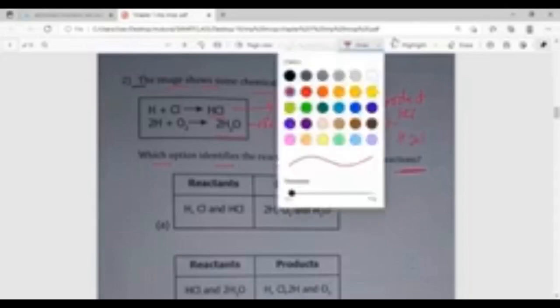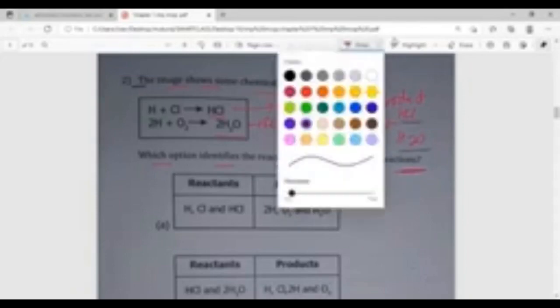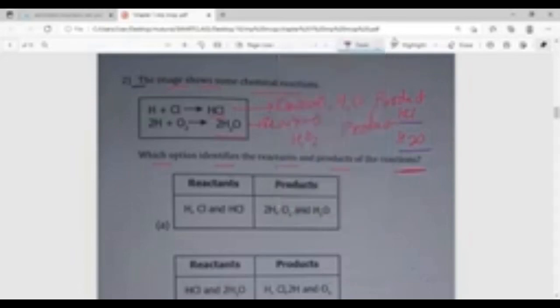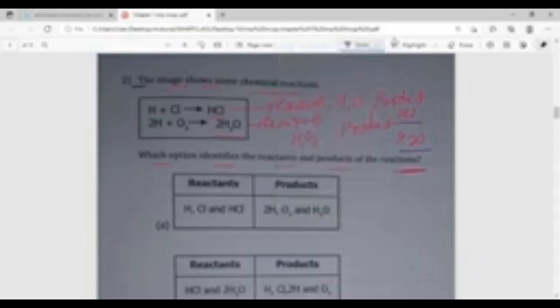Let me underline the products with some different color and the reactants with some different color, my dear students. You can see here the reactants have been underlined with a different color and the products are being underlined with a different color. So we have the reactants H and O2, and we have the products HCl and H2O.